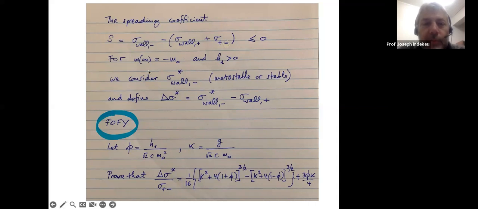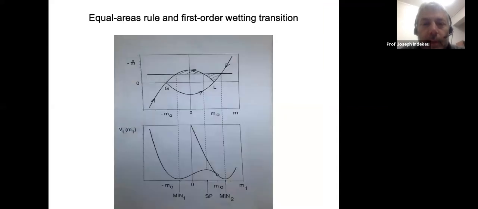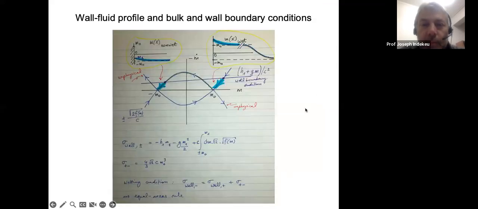Let me go back to the phase portrait and illustrate this a little bit. We go back here to conditions for first order wetting, and maybe even go back to this one here. Under these circumstances, we could have a wetting transition, and the surface free energy of this solution would match the surface free energy of this solution here. But now imagine that we increase the surface field and we raise this straight line.